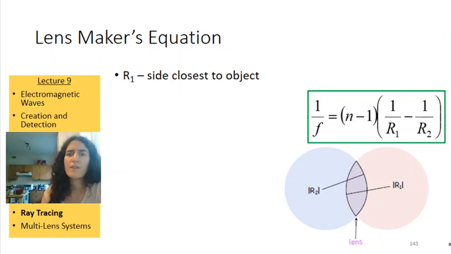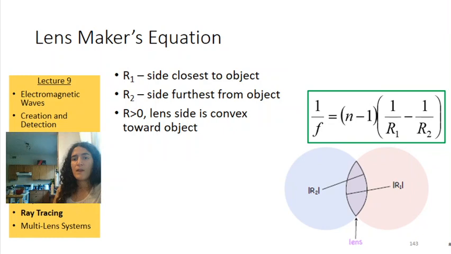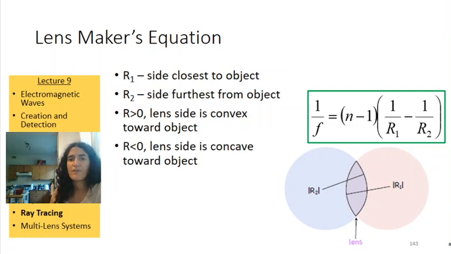R1 would be the side closest to the object, R2 would be the side furthest from the object. R is always greater than 0 if the lens side is convex towards the object, and R is less than 0 if the lens side is concave towards the object.